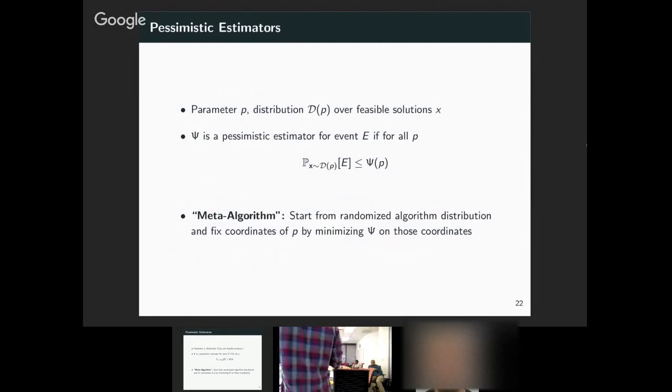Basically, we're fixing these coordinates partially, and this leads to a number of distributions, and we end up with something which is fully deterministic. But whenever we do this, we do it in such a way that we can control this failure probability. And you can imagine that if this psi, for instance, is concave, this will allow me to pick a proper derandomization at every step.